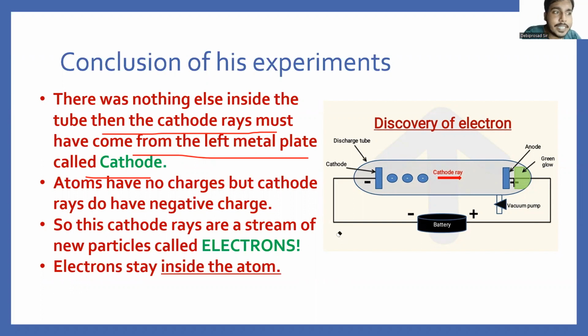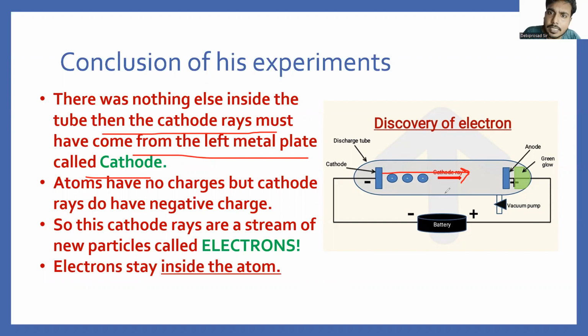If atoms were moving from left to right, they would not be negatively charged. Dalton also told that atoms are neutral, so they should not deviate towards the positive or negative plate. They are deviating, so they must not be atoms; there must be some other particles.